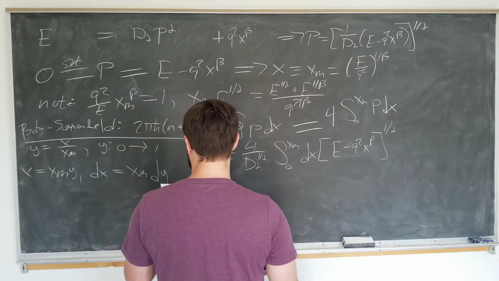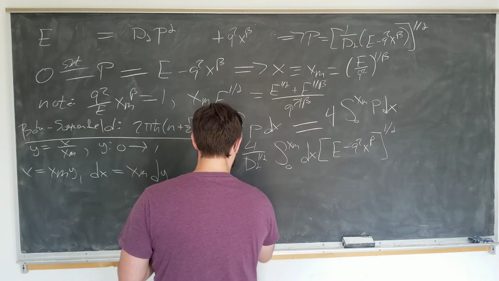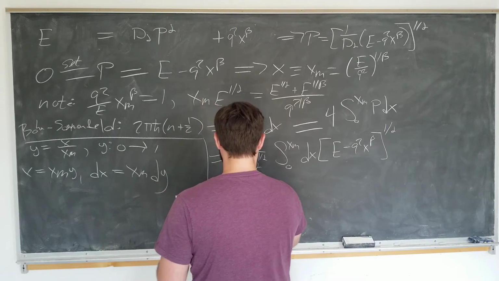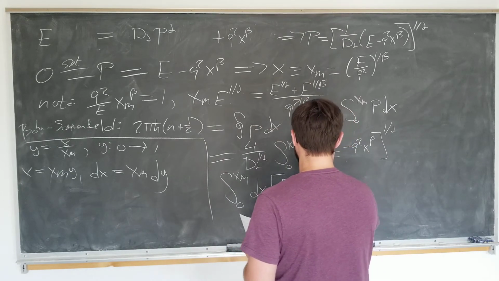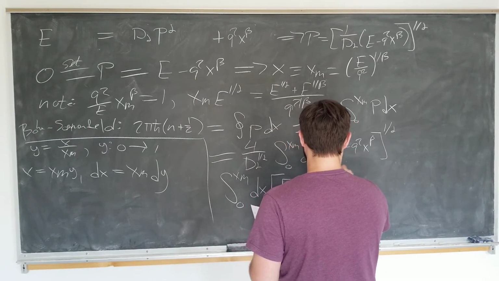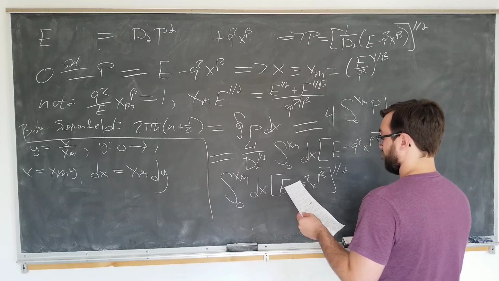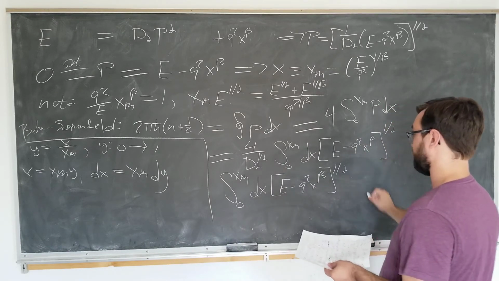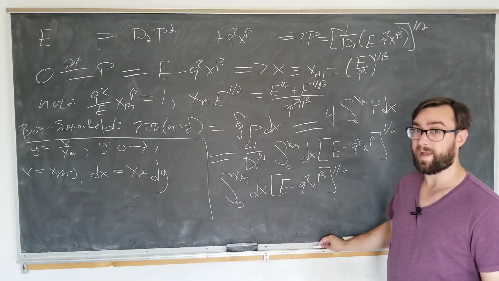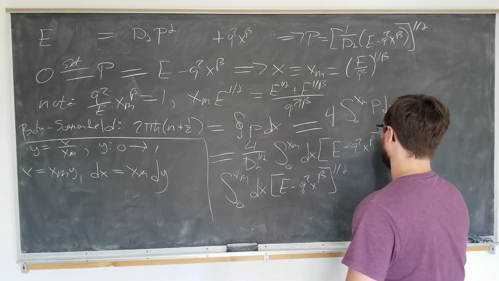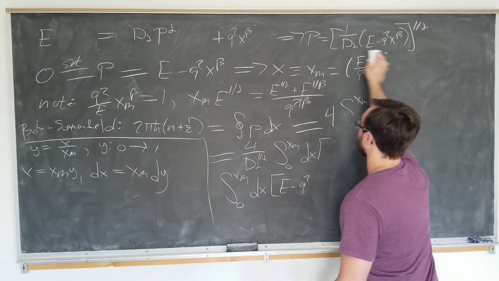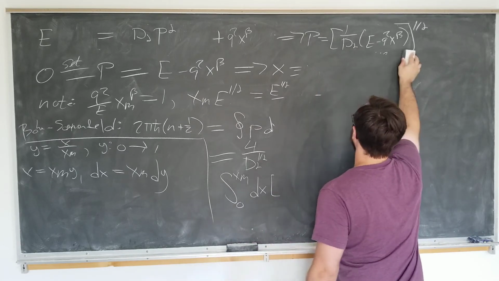The integral in question, I'll be evaluating 0 to xm dx e minus q squared x to the beta 1 over alpha power is just going to be, you know what, sorry, I don't have quite enough room to do this. Keep these expressions in your mind, or you can write them down. I just don't have enough room, sorry.